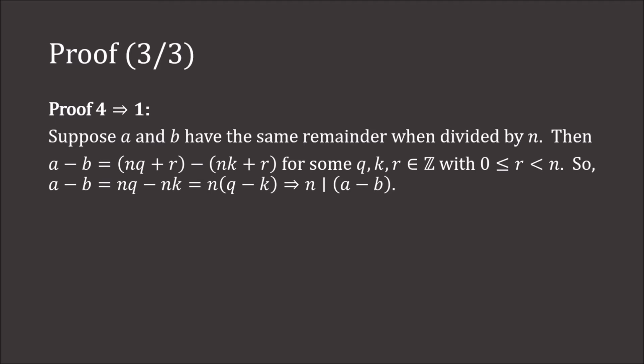So a minus b would equal nq minus nk. That equals n times q minus k, which implies that n divides a minus b. And so that completes the proof that statement 4 implies statement 1, and overall we have shown that these 4 statements are all equivalent.